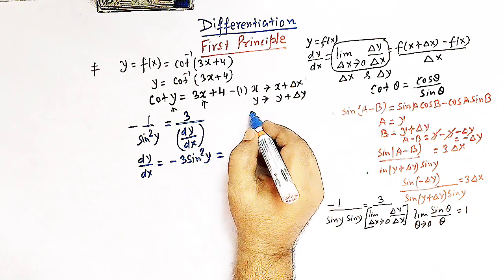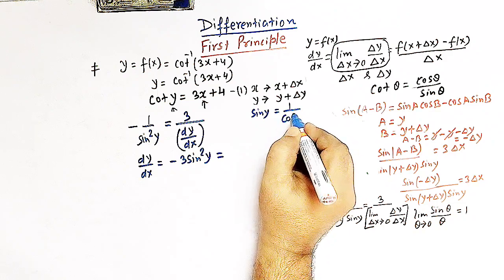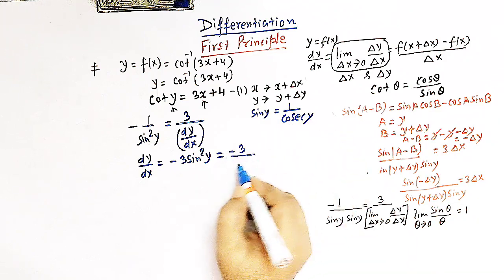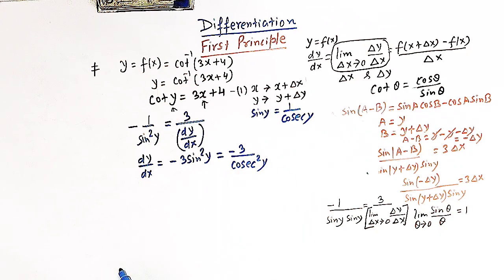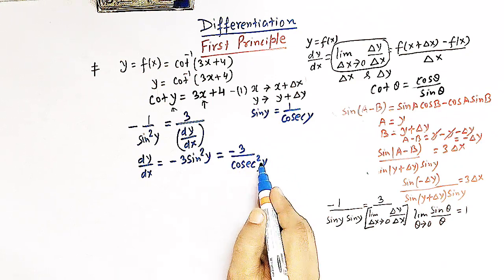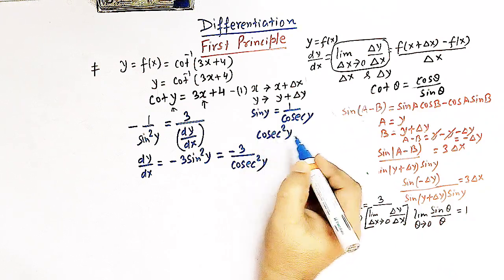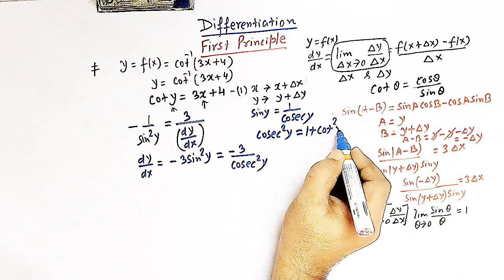Right, now sine y is equal to 1 over cosec y, so we have minus 3 over cosec square y. Now cosec square y can be replaced by this identity, that is 1 plus cot square y.